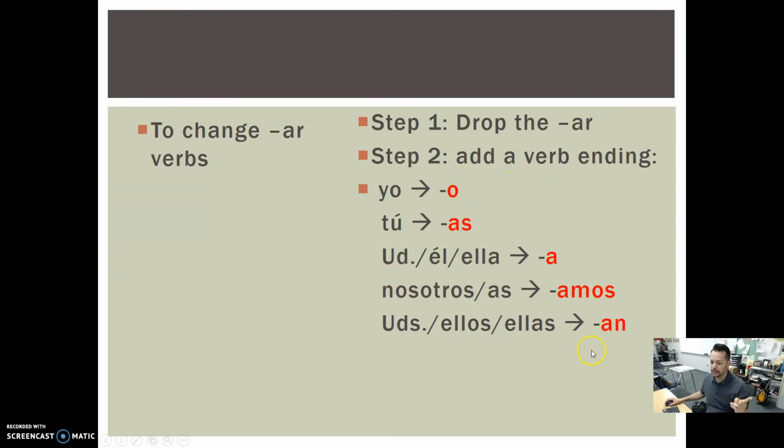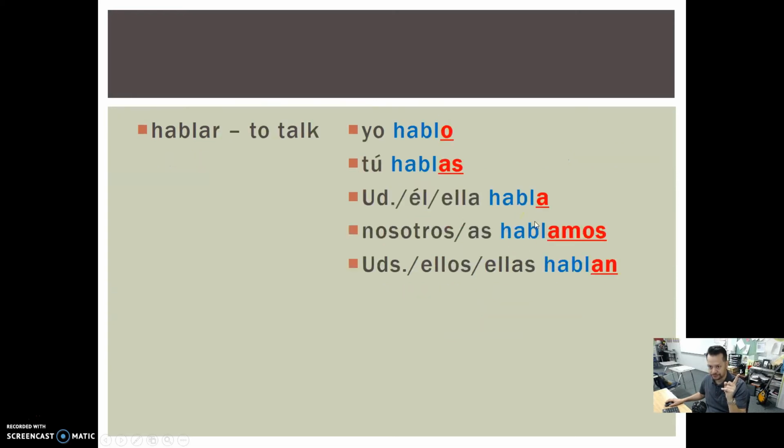Think about like Lego blocks, for example, everyone loves playing Legos, or used to play with Legos when you were a kid. So you just took off a couple of pieces and then you added new pieces, and that's more or less where you're going with this, okay? So once again, you can see the new pieces added to the word depending on who's the one doing the action, okay? Take a look at the next screen. Let's take our verb hablar, to talk, okay?